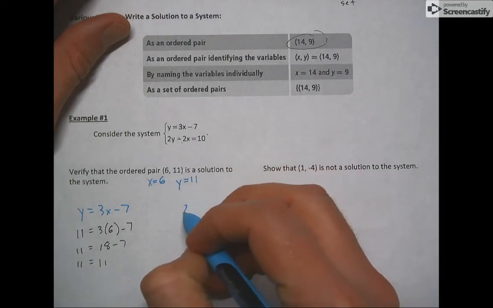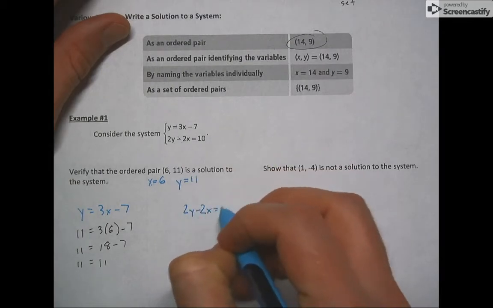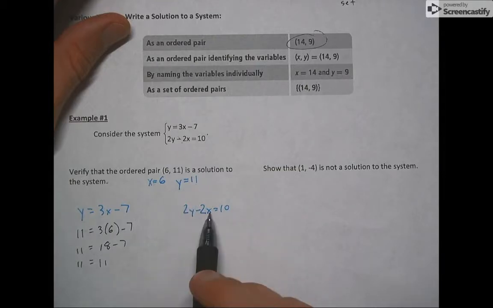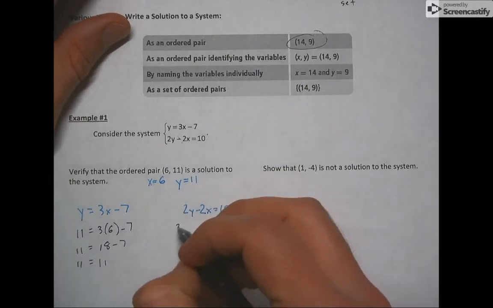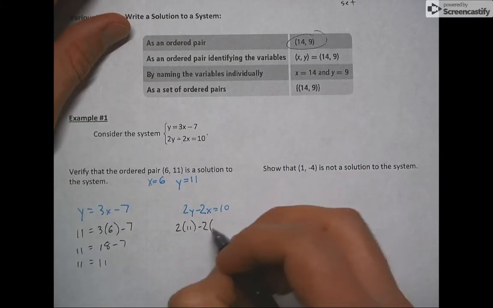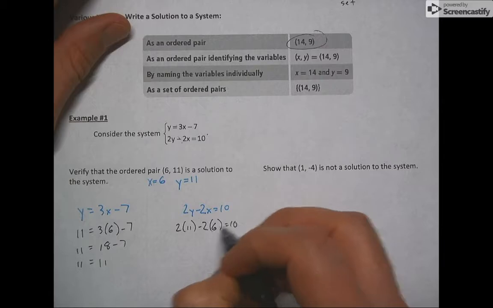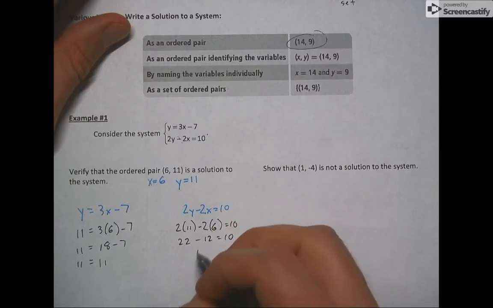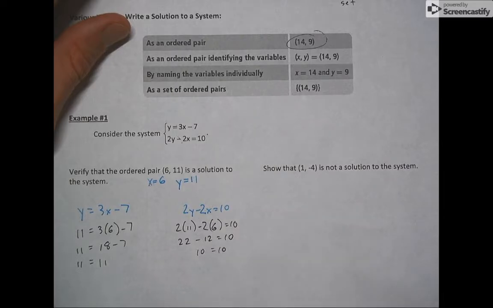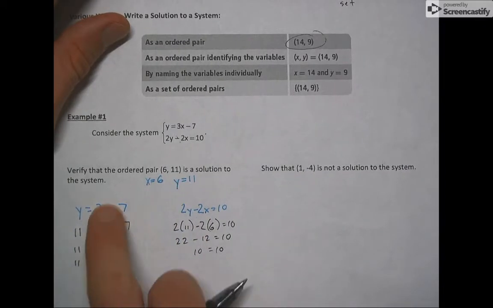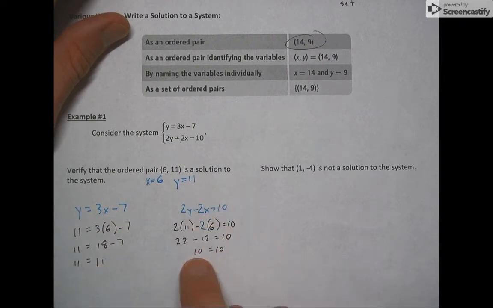And so we're going to take 2y minus 2x equals 10, and we're going to test it with the 6 and the 11. So 6 goes in for x, and 11 goes in for y. So 2 times 11, and 2 times 6. So I've got 22 minus 12 equals 10. I get 10 equals 10. And so this ordered pair of 6, 11 worked for the first equation. It also worked for the second equation.